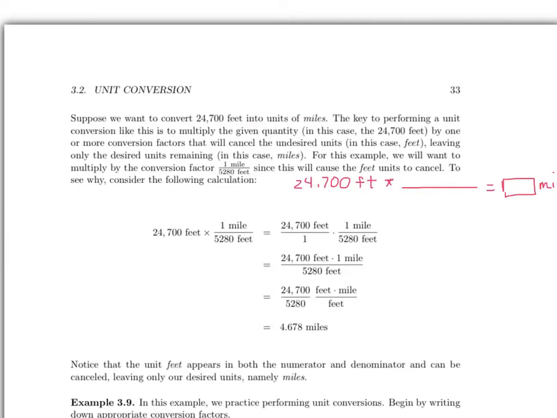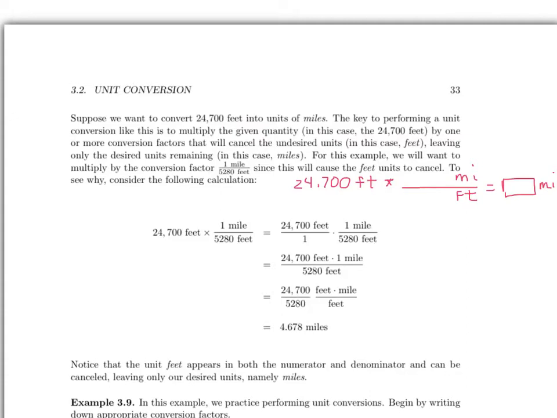So our conversion factor has to relate feet and miles. We want to be left with units of miles, so the particular conversion factor we need to multiply by is going to have feet in the denominator and miles in the numerator.